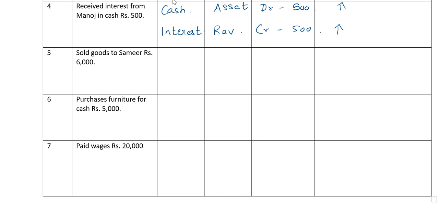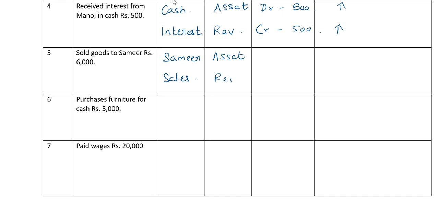Sold goods to Samir rupees 6,000. This is a credit transaction, a credit sale. So the debtors account Samir will come into the picture. So the two accounts are Samir account and sales account. Samir is a debtor. Debtor is asset account.